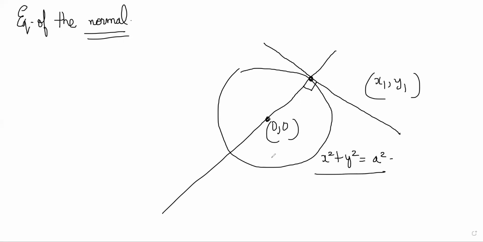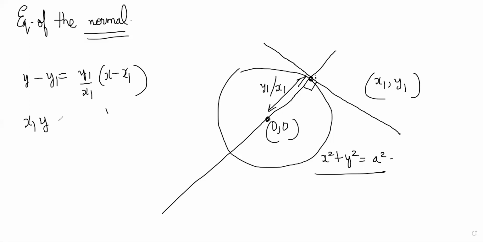So the equation of the normal will be very straightforward. Suppose the circle is a simple circle with center at 0. So your point is 0, 0, and this point is x1, y1. The equation of the normal is y minus y1 is equal to m into x minus x1, and m of this line is just y1 by x1, right? So your equation becomes x1y minus x1y1 is equal to xy1 minus x1y1.